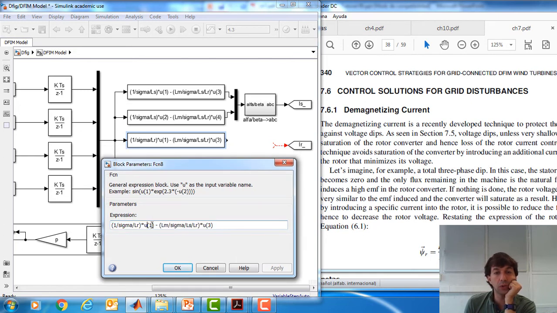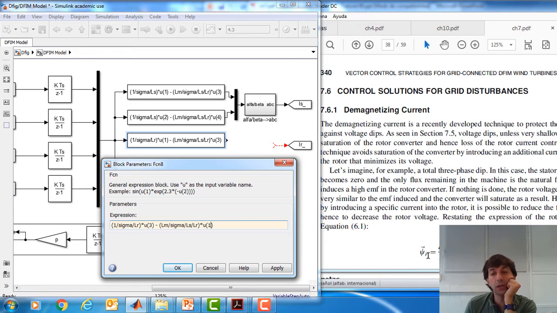Okay, so here we have just changing. U3 sigma Lr, U3 is sigma Ls, yes.